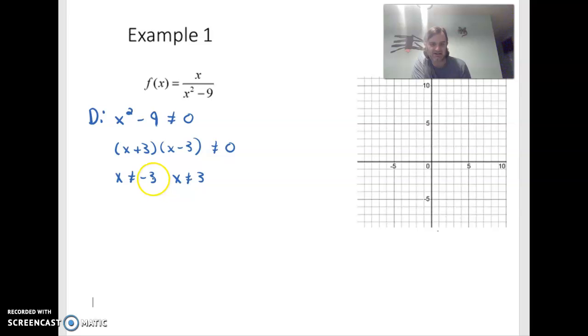So that domain leads you straight to your vertical asymptotes. Your vertical asymptotes will be negative 3 and positive 3. So the domain issues that we had here lead directly to the vertical asymptotes in this case.